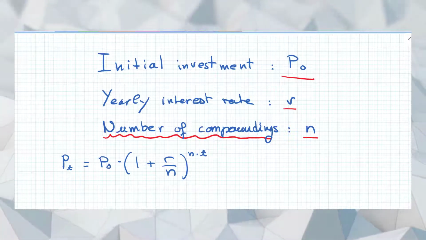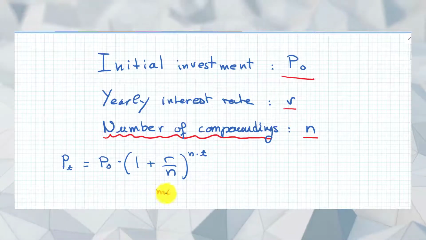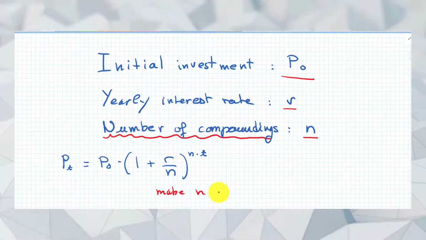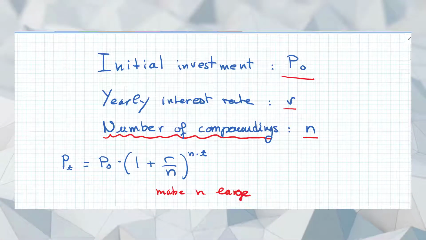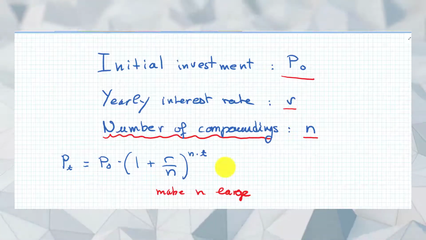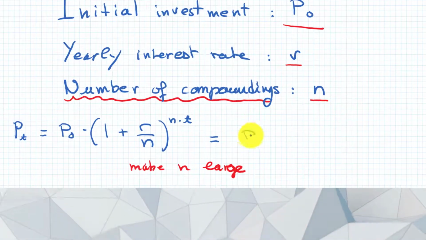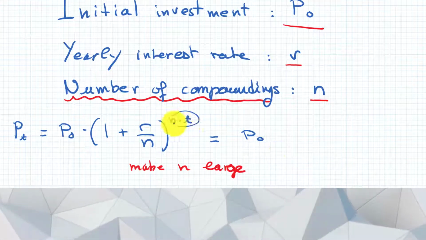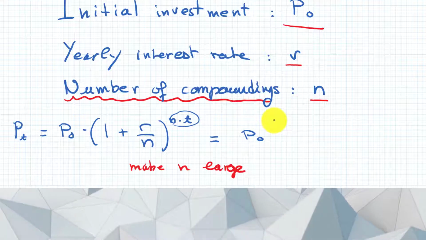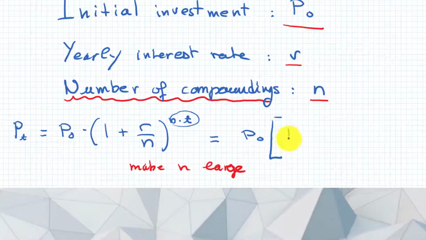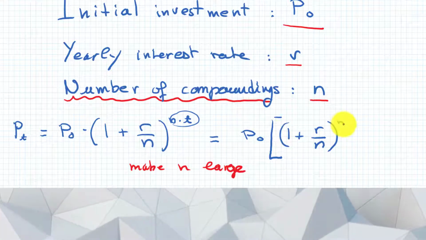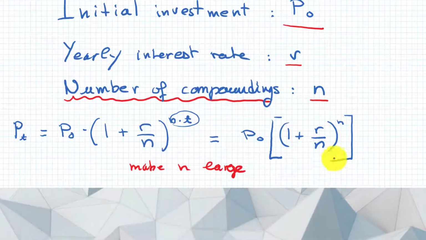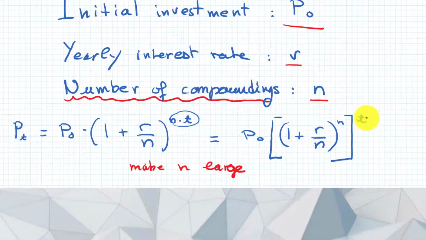Okay, what we want to do in this formula is make n very large. n has to become larger and larger. So first, before I do that, I'm going to do a little trick that we've done many times before. I'm going to break my exponent right here. So I have P0 times 1 plus R over n to the power of n, and then to the power of t.